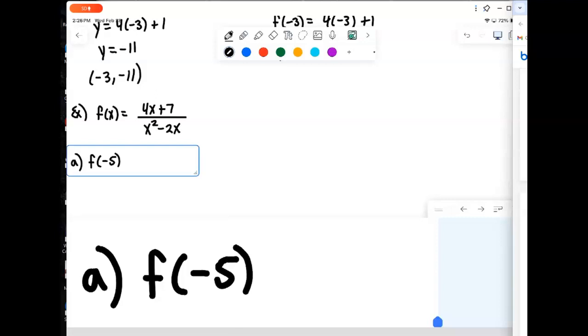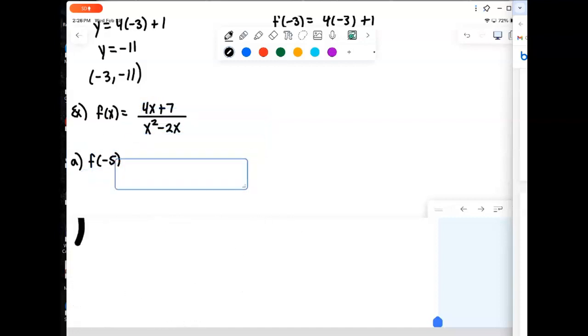I'm going to give you a little tip here for how to evaluate functions, a way to evaluate functions if you're having trouble with it.